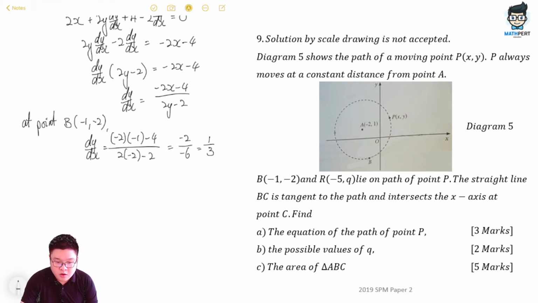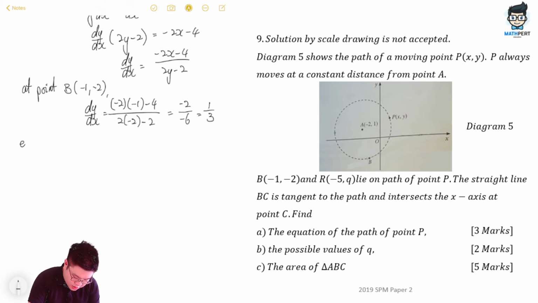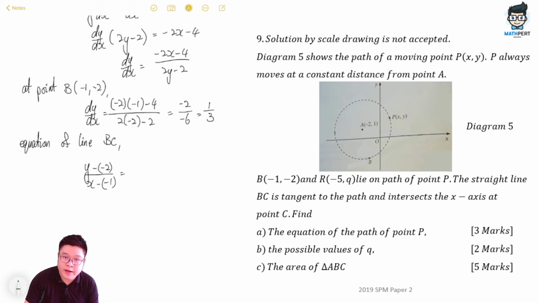Alright, so let's find the equation of BC. The equation of line BC is equal to what? We know the coordinate of point B. So that is y minus 2 over x minus 1 is equal to the gradient, which is 1 over 3.